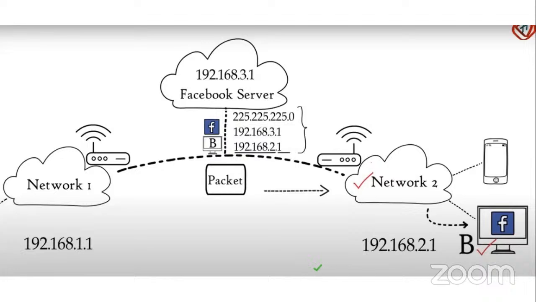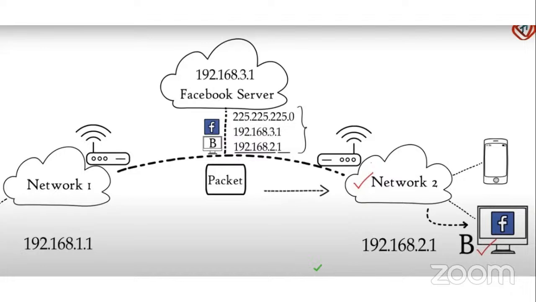The Facebook server has to send the Facebook web page in terms of packets. Each packet will have the IP address of the Facebook server and the IP address of system B, along with one special address called the mask. That is to identify, in the IP address, the first three parts, 192.168.2, which determine the network.